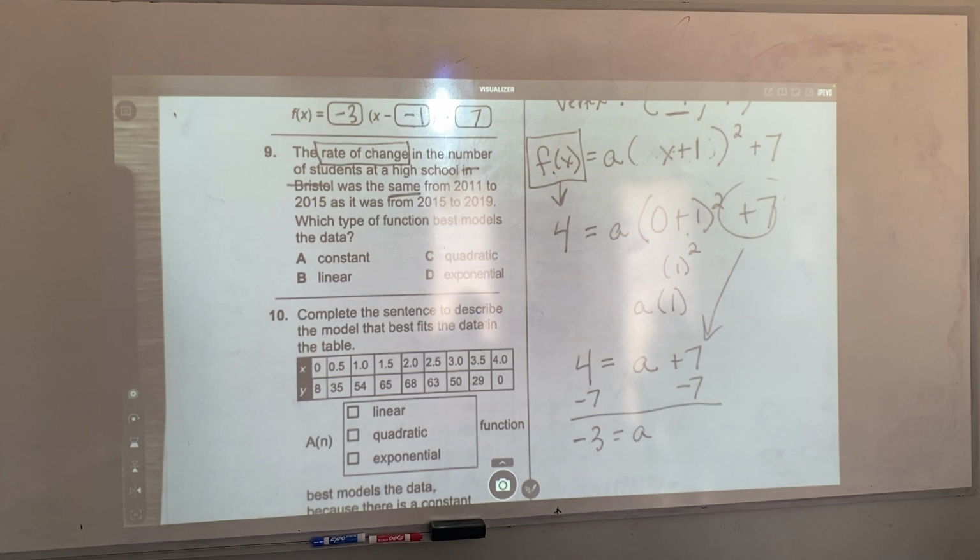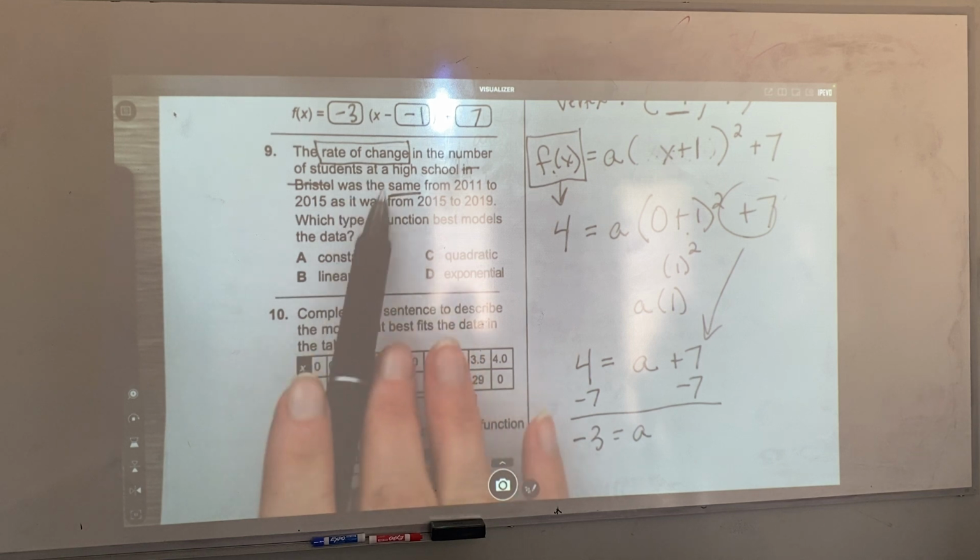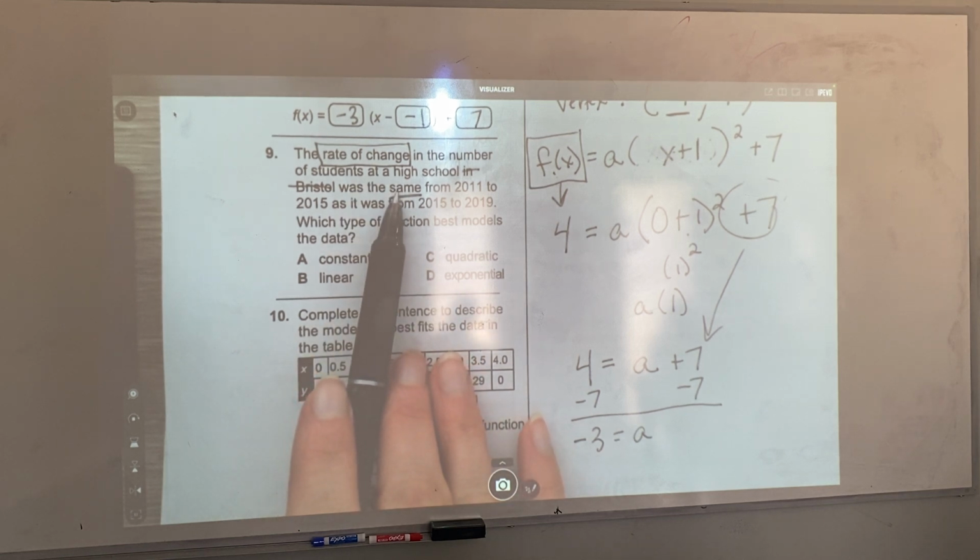Is the rate of change the same from point to point? No, especially when you go past the vertex, it changes direction. That can't be the same. So if this is saying the rate of change is the same, then that can't be quadratic.